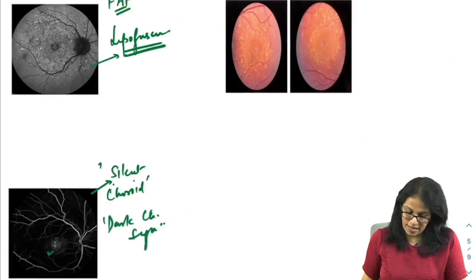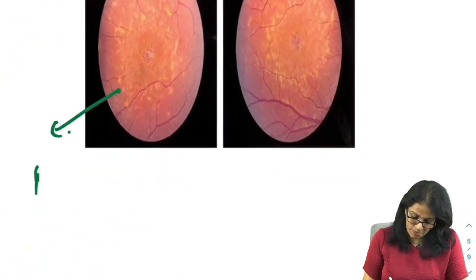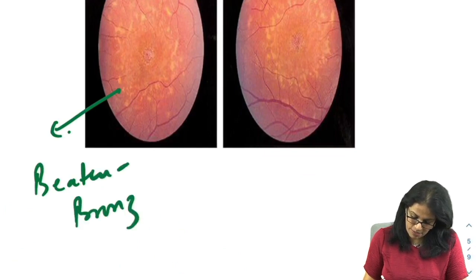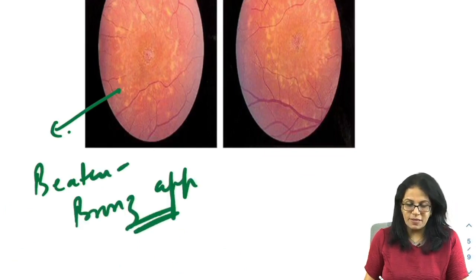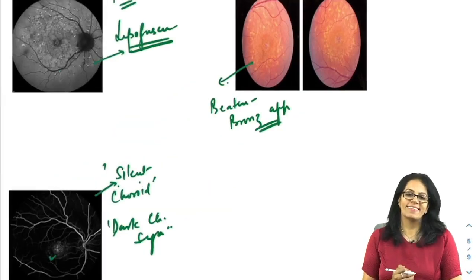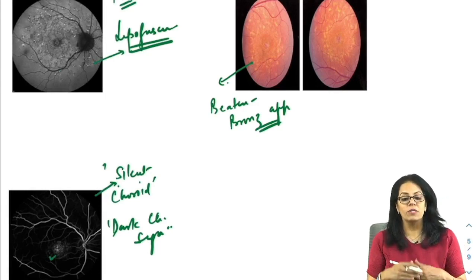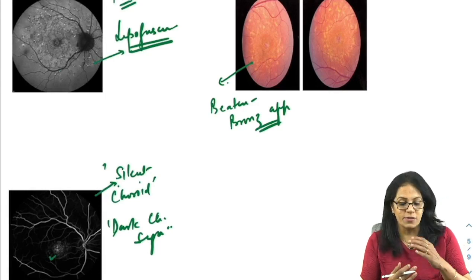Okay? And of course, on examination, we'll not forget, in Stargardt's what you get is beaten bronze appearance. So we'll remember this as well for the INICET. Just revise before. And in Stargardt's, we avoid giving vitamin A because it enhances lipofuscin.